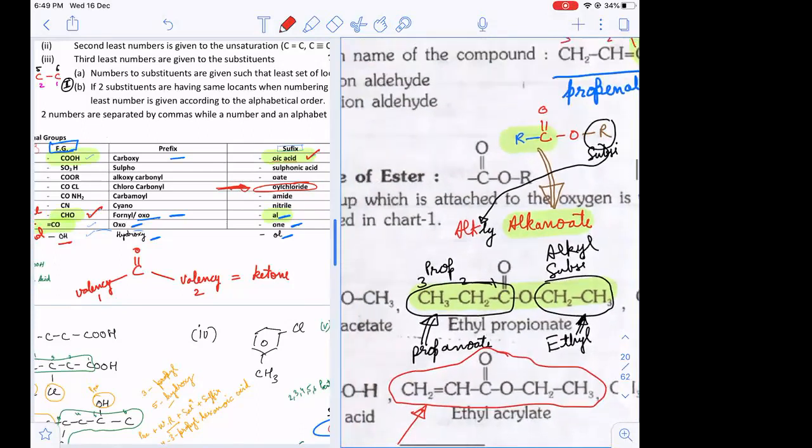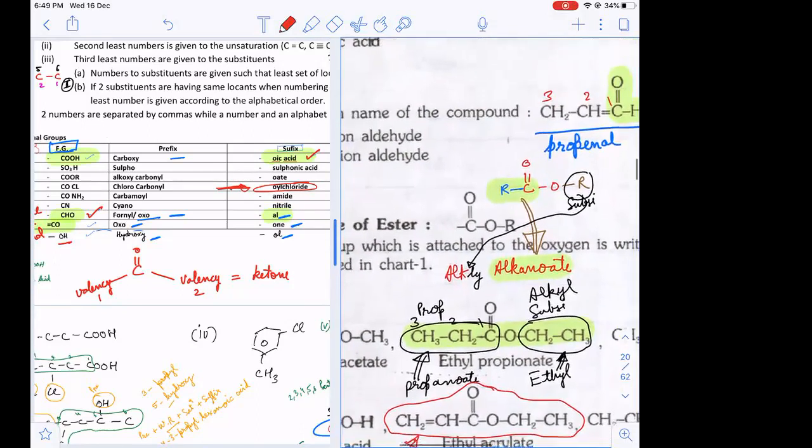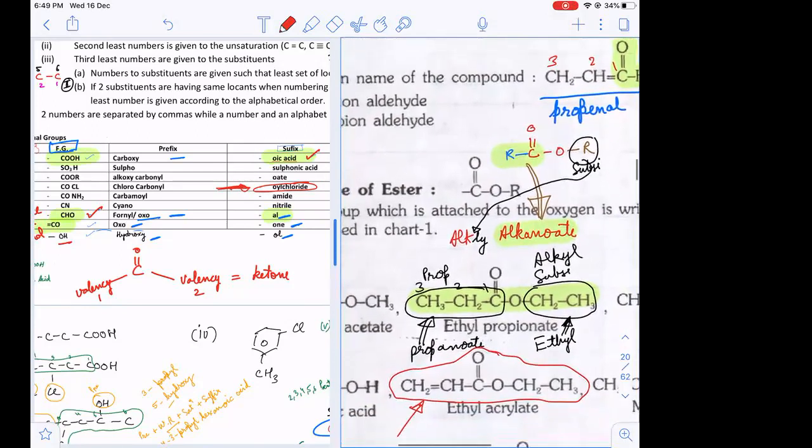Let me show it to you. I just explained to you how to do it. See, this is how you name ethyl. Okay, complete it. Ethyl is what? Prefix or suffix?